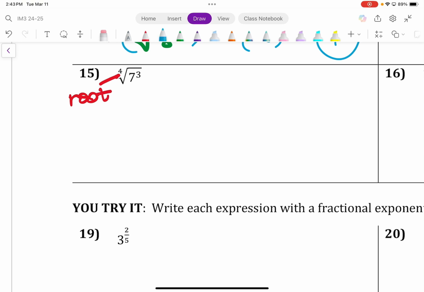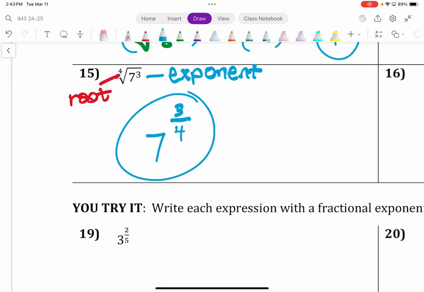Which number represents the exponent? 3. So we have 7 to the power of, remember in the fraction it's exponent over root, 3 over what? 4. This is your answer. 7 to the 3/4 power.